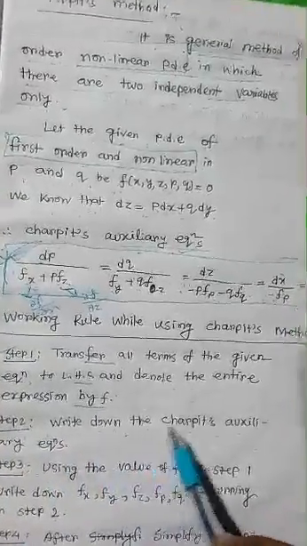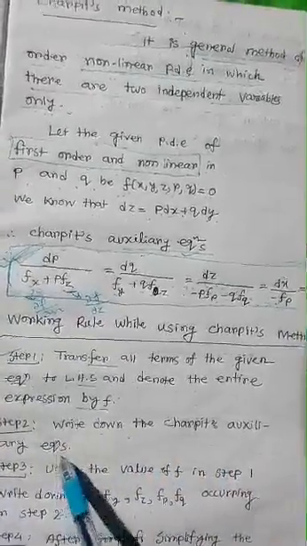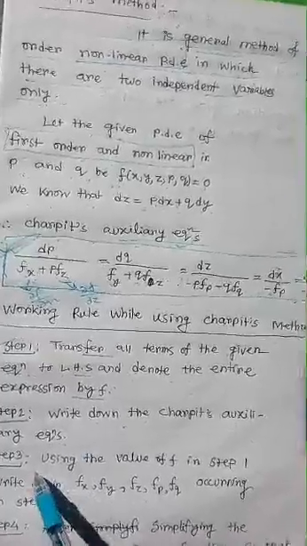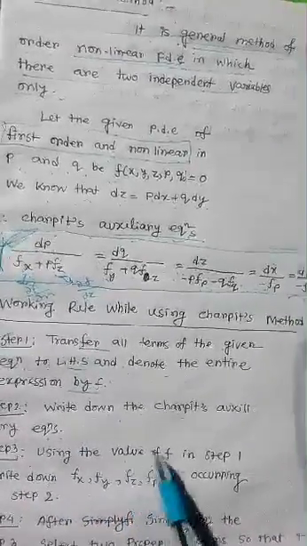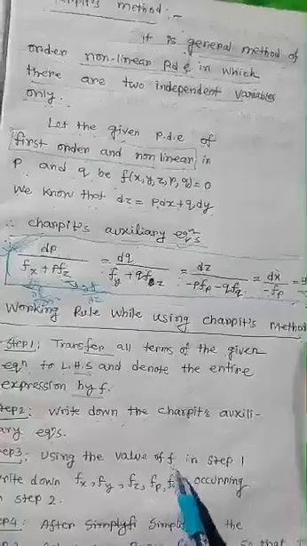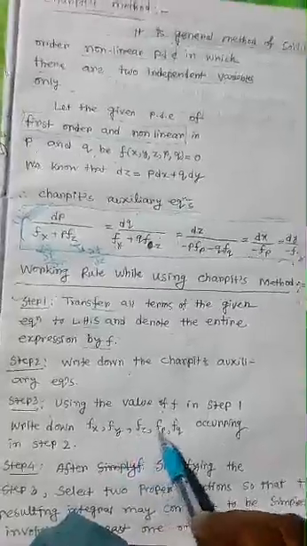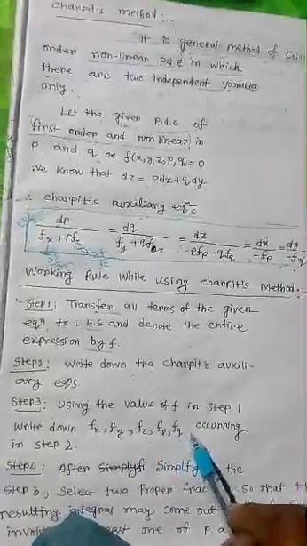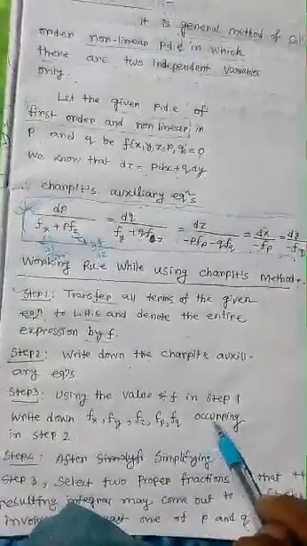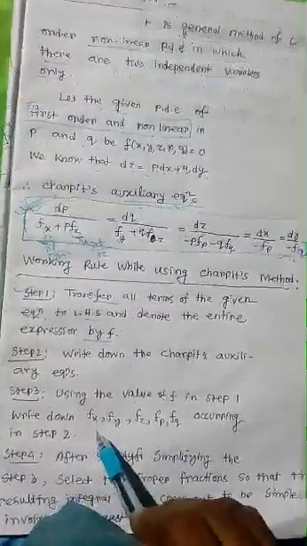Write down Charpit's auxiliary equations. Step 3. Using the value of F in step 1, write down the values of fx, fy, fz, fp, fq which are occurring in step 2.